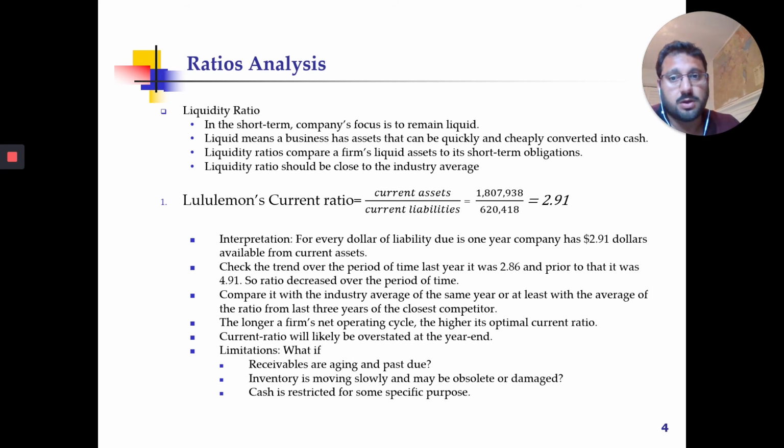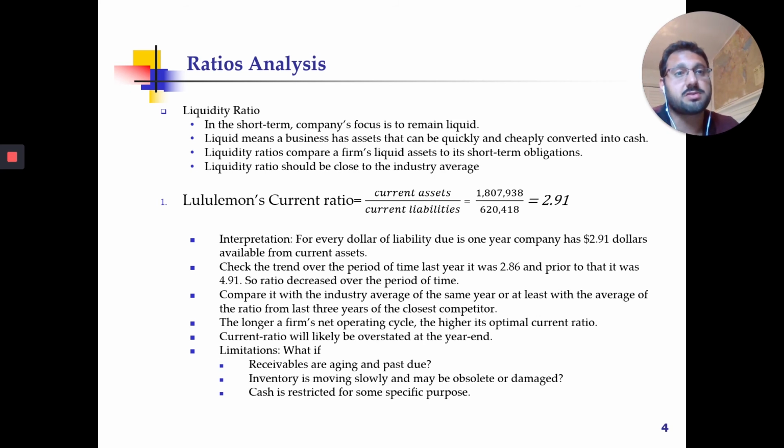Liquidity means a business has assets that can be quickly and cheaply converted into cash. The liquidity ratio compares the firm's liquid assets to its short-term obligations. When we are calculating these liquidity ratios, we also need to see the benchmark, which means the values for these ratios for that particular year from the industry.